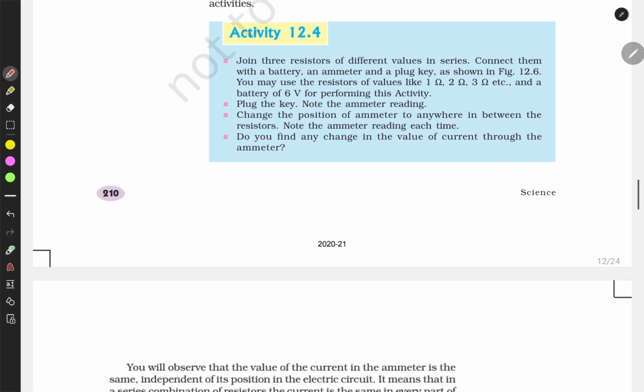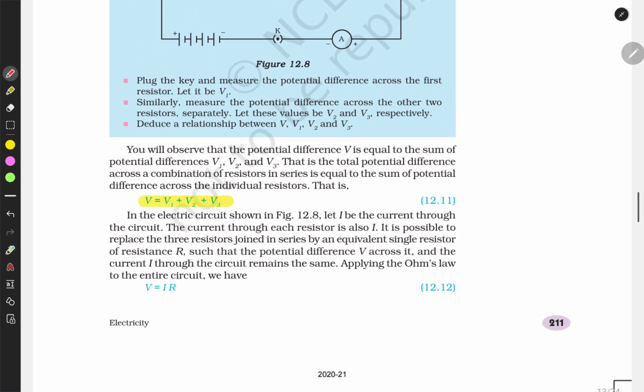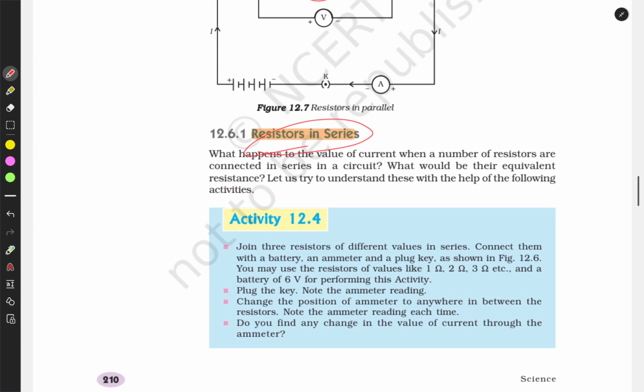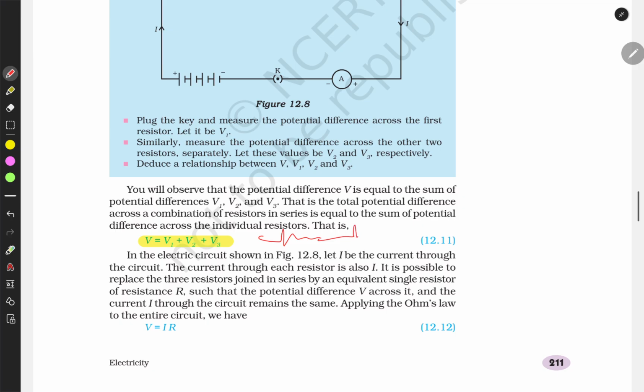What happens in case of series? When we put resistances in series this way in an electrical board, the equivalent of all the resistances is such that this V will equal the sum of V1, V2 and V3.